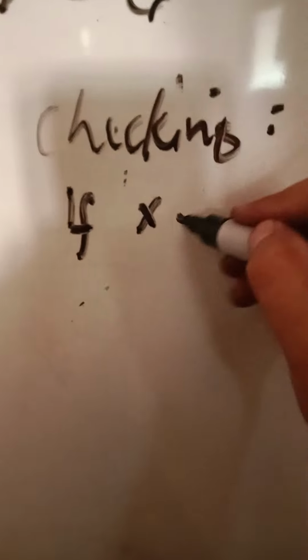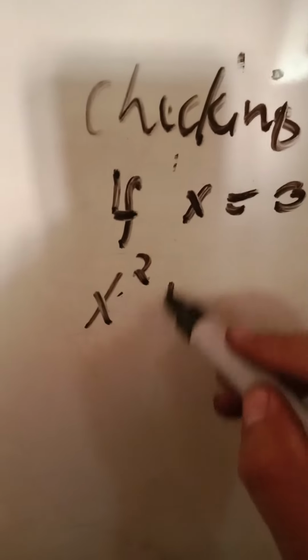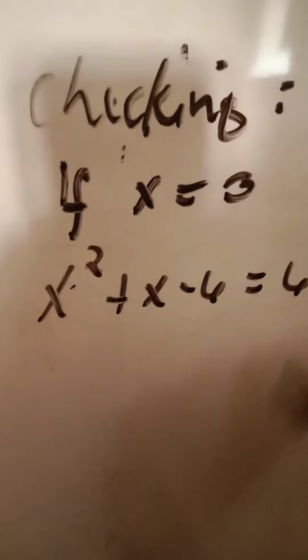To check if the equation is correct, we have to substitute the value of x into the equation. Checking if x is equal to 3, we have x squared plus x minus 6 equal to 6.